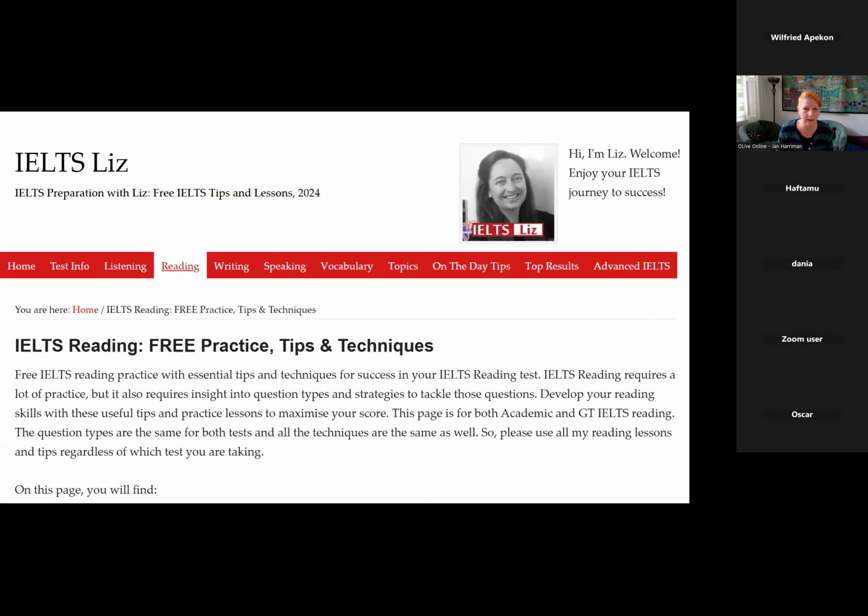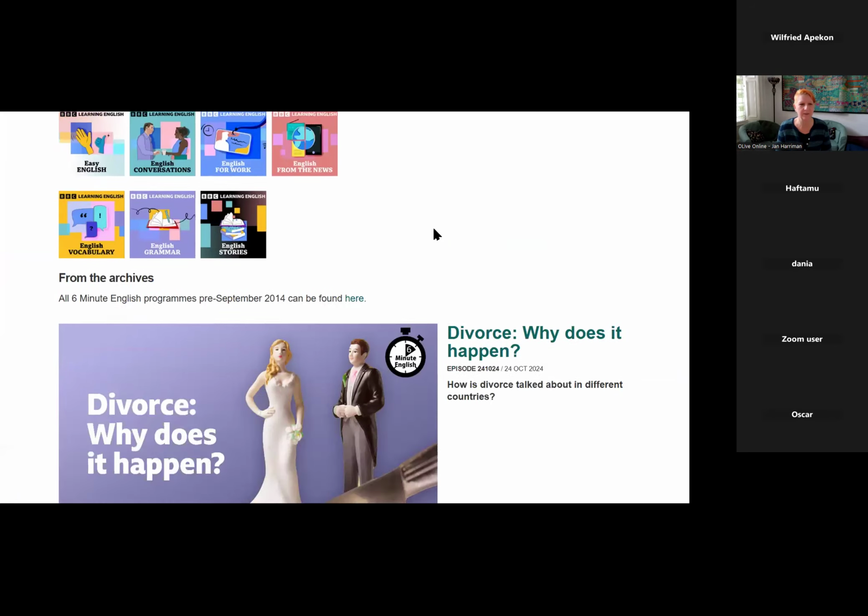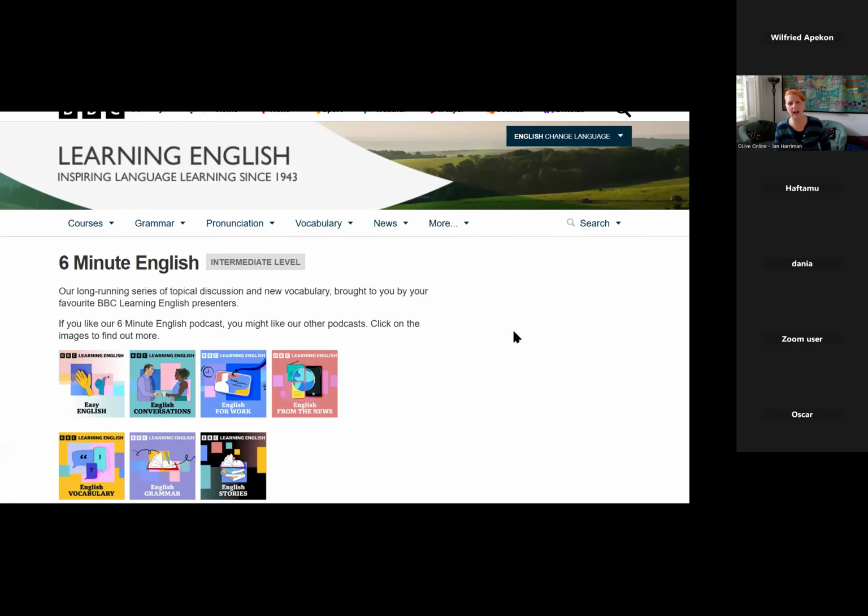I'll pop to there, but we're going to shift to this one. So this is one of my absolute favorite places for building vocabulary, all right? Because you get the pronunciation for it, you get the context for it, and you get some really interesting new vocabulary.